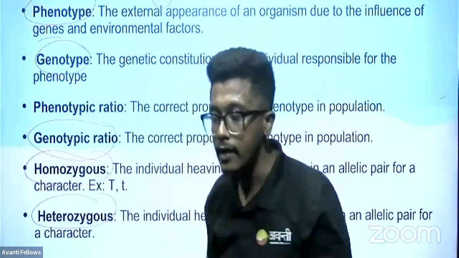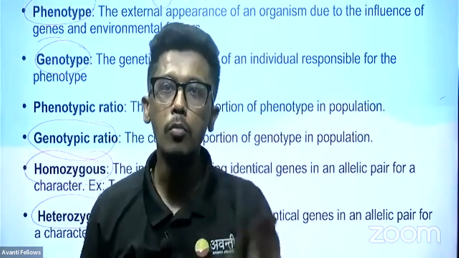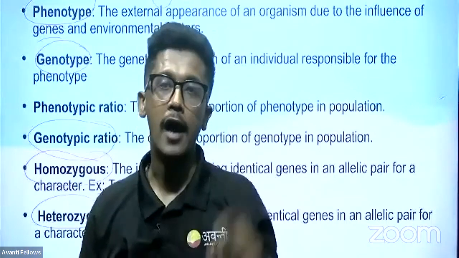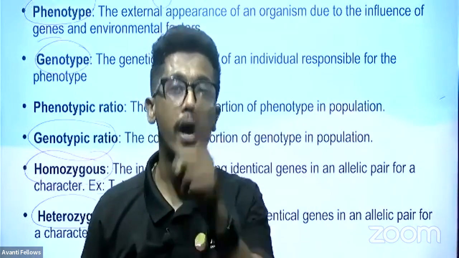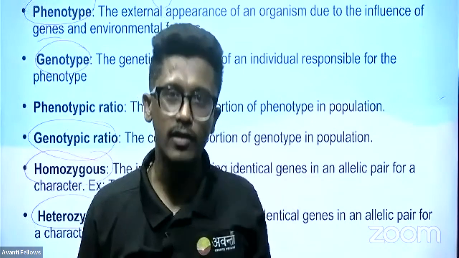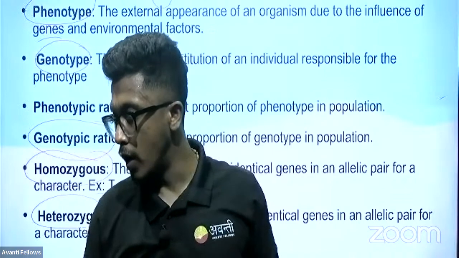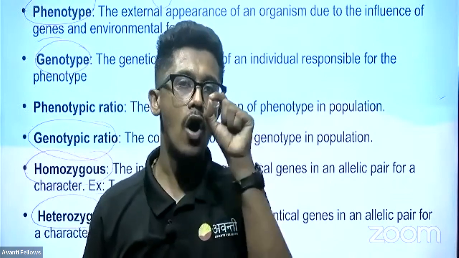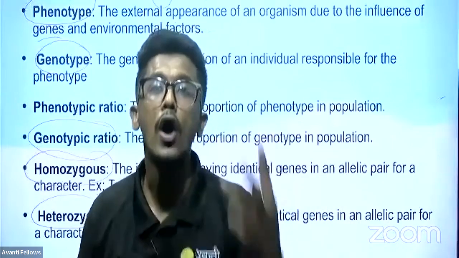For a character to come into existence, it has to be present on a chromosome in the form of a gene. And it cannot be just one, because in most organisms, in all the eukaryotic higher organisms, the chromosomes are in diploid nature.